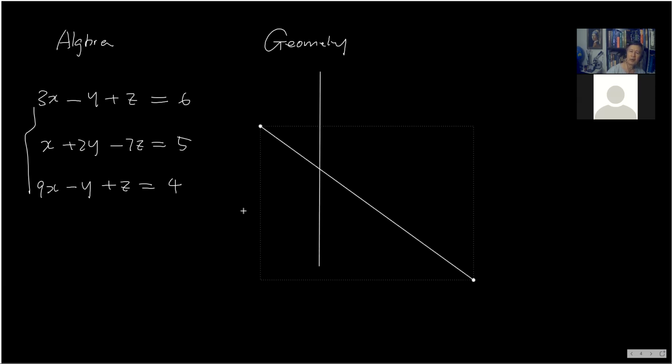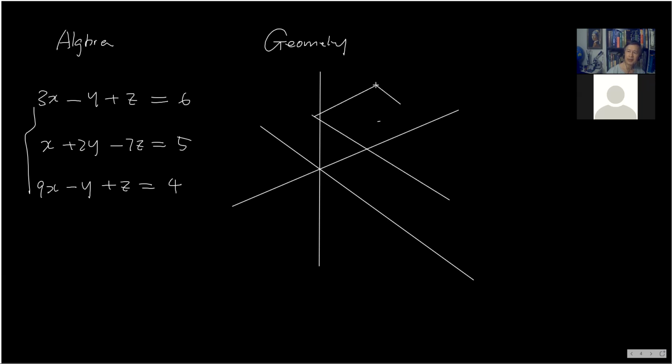So whether this simultaneous equation has a solution will depend on whether these 3 planes intersect each other. Does that make sense? Now, next time you see this, if these 3 planes are all parallel, they never intersect.